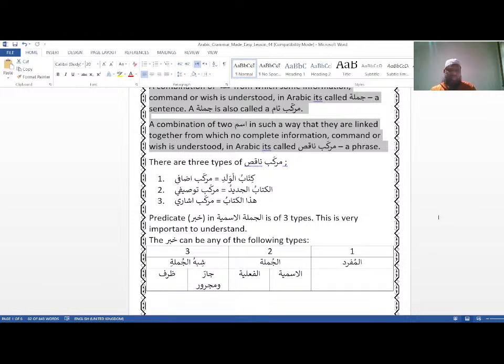That's why it's called shibhul jumla. So we can add one more here, isn't it? Let's add 4 types. Predicate khabar in al-jumla ismiya is of 4 types.